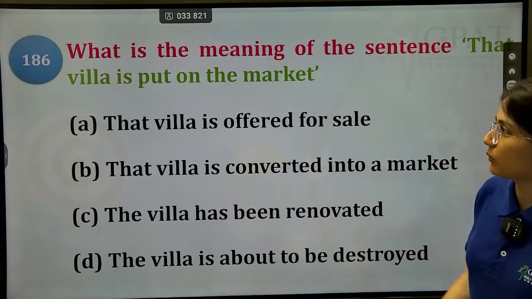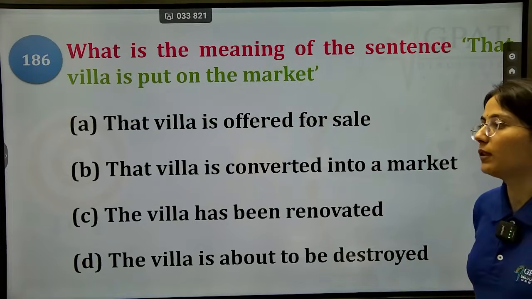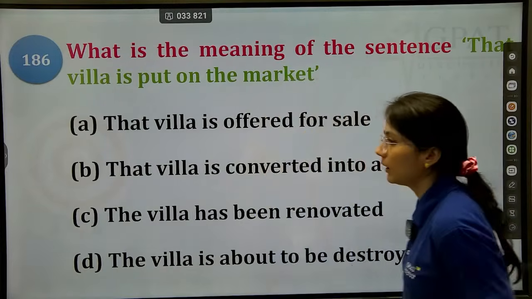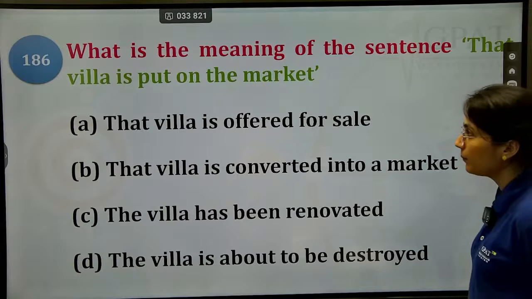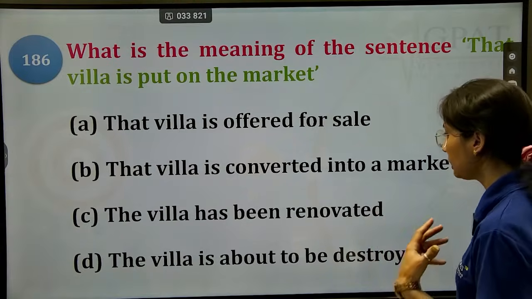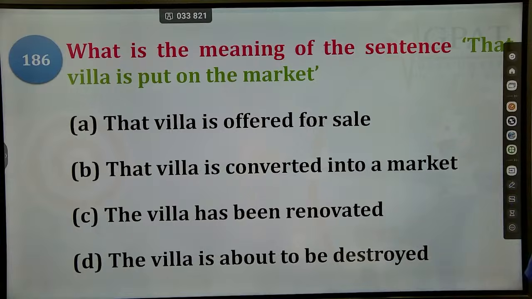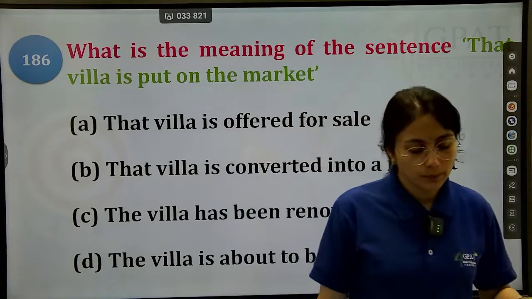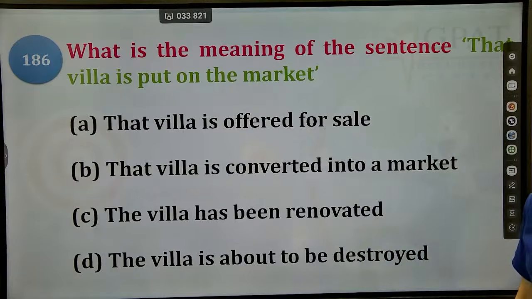Now move to the next question, that is 186. What is the meaning of the sentence, that villa is put on the market? Something put on the market means for sale, available for sale.